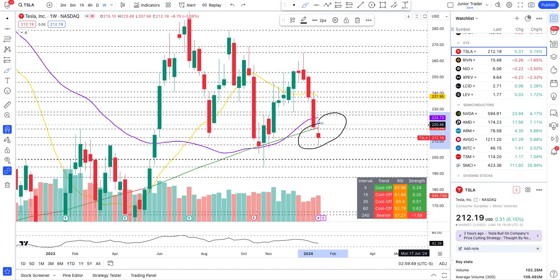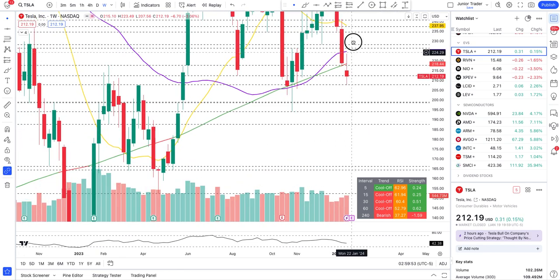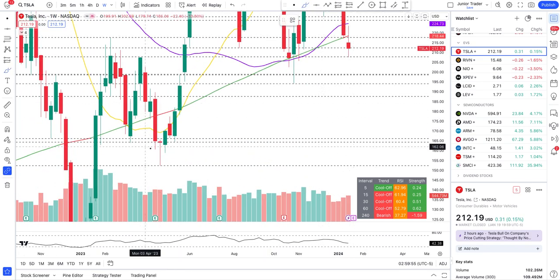When was the last time we closed below the 200 weeks moving average on Tesla? Guys, that was back in April of last year. So it has been close to 8 months. So definitely this is something that we can't ignore.